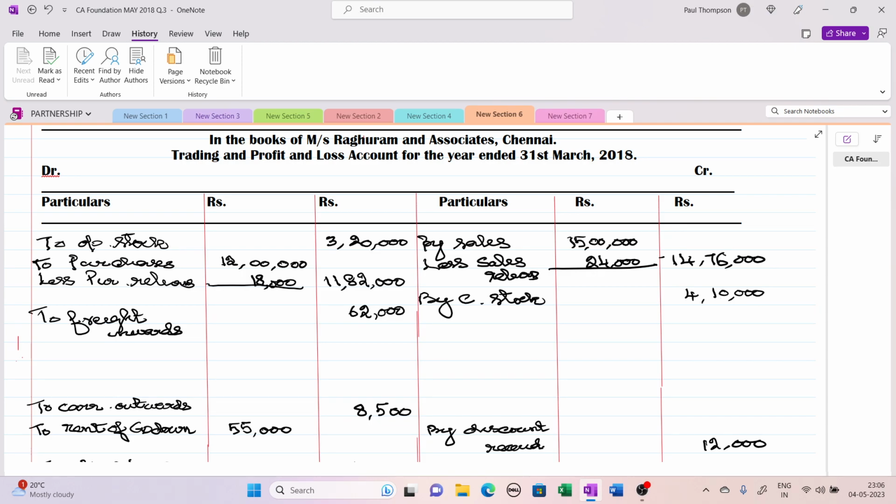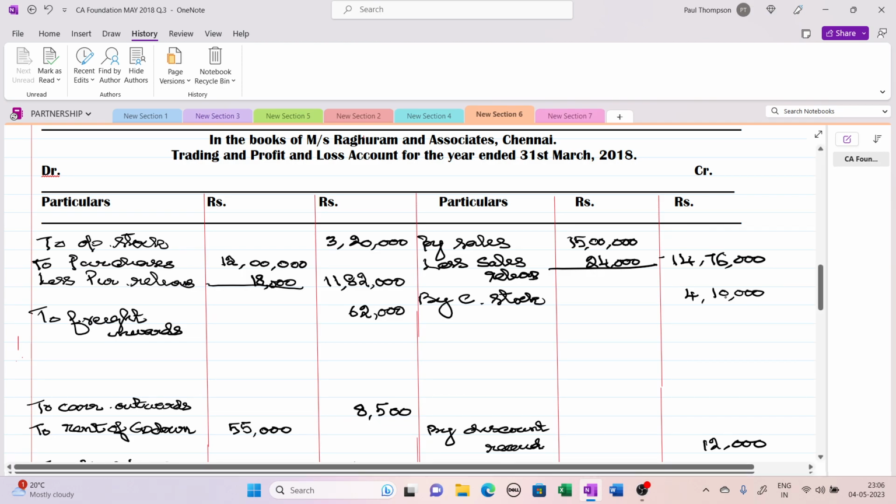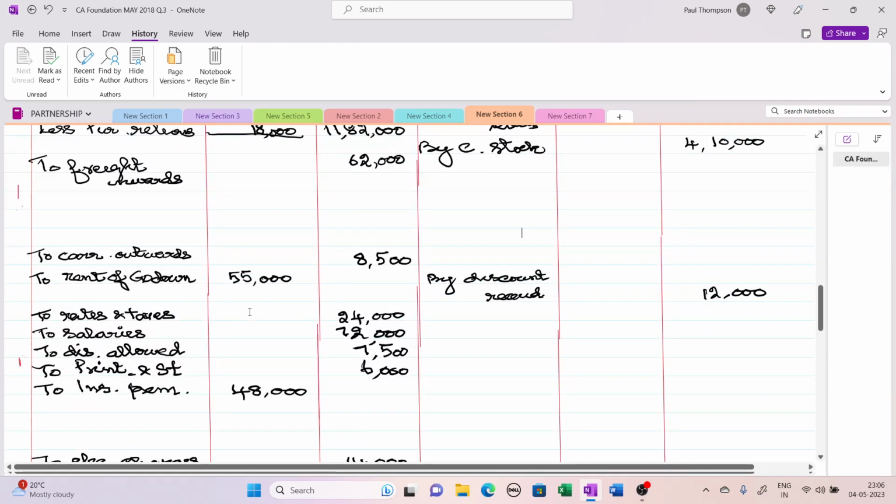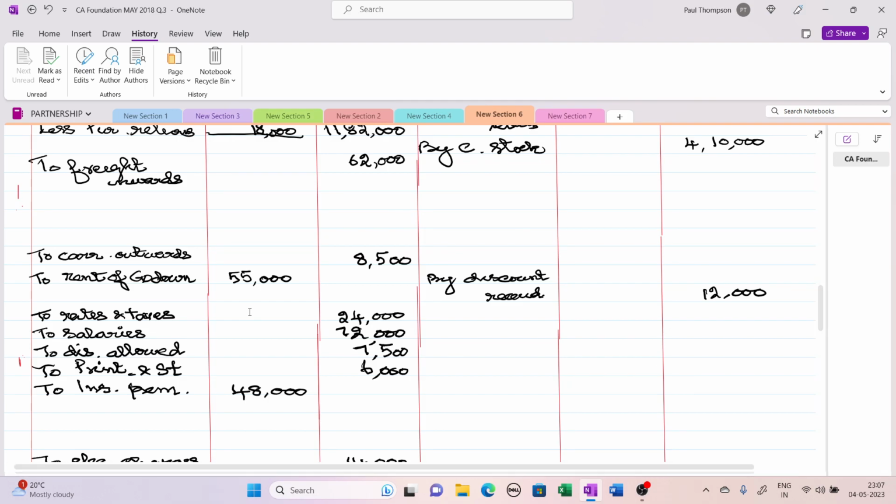Okay, next adjustment, they say that 1 month of godown rent is outstanding. Now you see the godown rent, they have given 55,000. We always prepare the account for 12 months. Either it is from January to December or from April to March. It will be for 12 months.